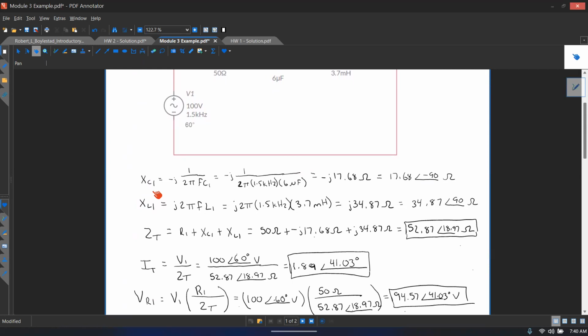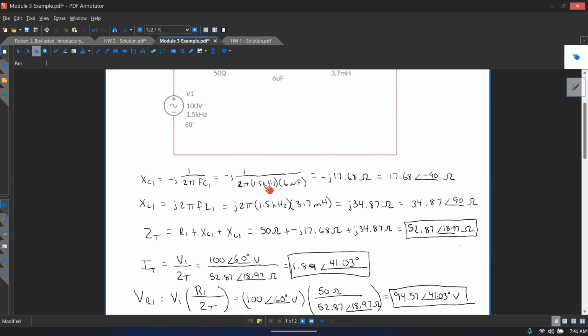So your XC1, the formula to convert a capacitor to its reactance is 1 over 2 pi FC. And remember that you have a negative J associated with the capacitive reactance.